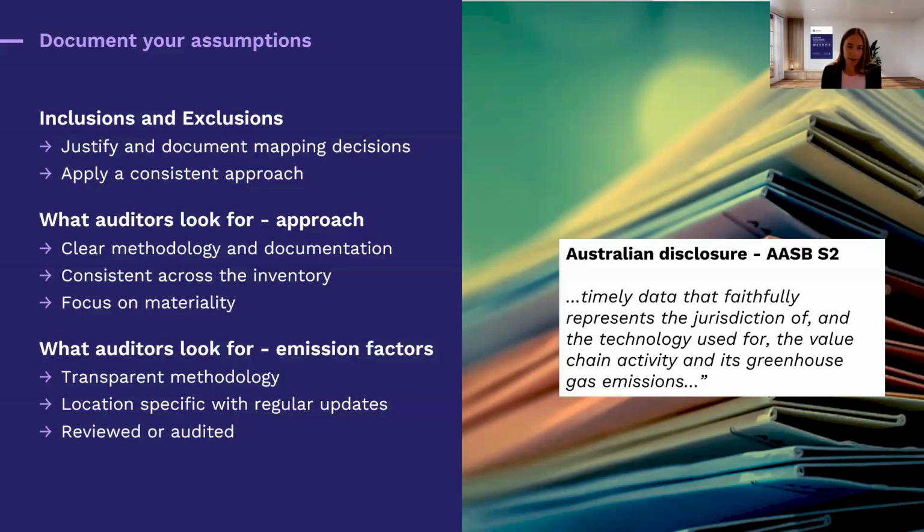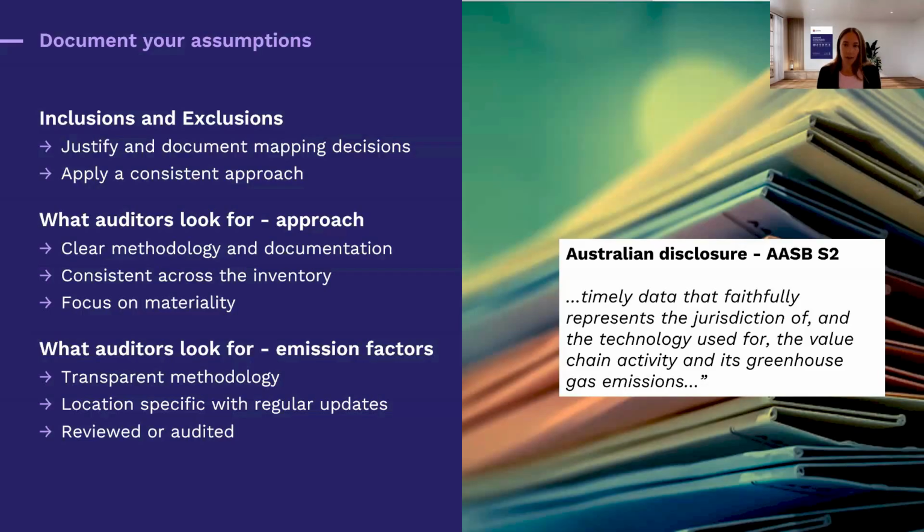That goes for auditors as well. They look at materiality, they want to see a clear methodology, a consistent approach that you are applying, nicely documented. And then for emission factors, what we are seeing is that they quite often follow what is listed in the GHG Protocol and other latest disclosures, guidance and standards: a transparent methodology that they can actually review, but also one that is specific to the location you're operating in, if possible, and regularly updated.